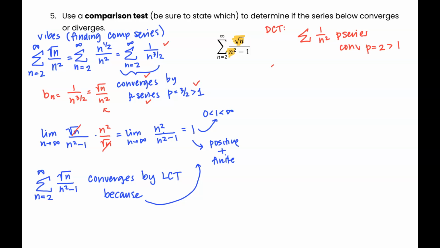I think we can actually show that if we went to do the square root of n over n squared minus 1, show that that's less than 1 over n squared, but we need to use the direct comparison test, right? It has to be smaller than some known convergent series. Then we do this, square root of n times n squared is less than n squared minus 1. This is not going to be an easy proof, and that's why I wouldn't want to do the direct comparison, but I do feel like it's probably true.